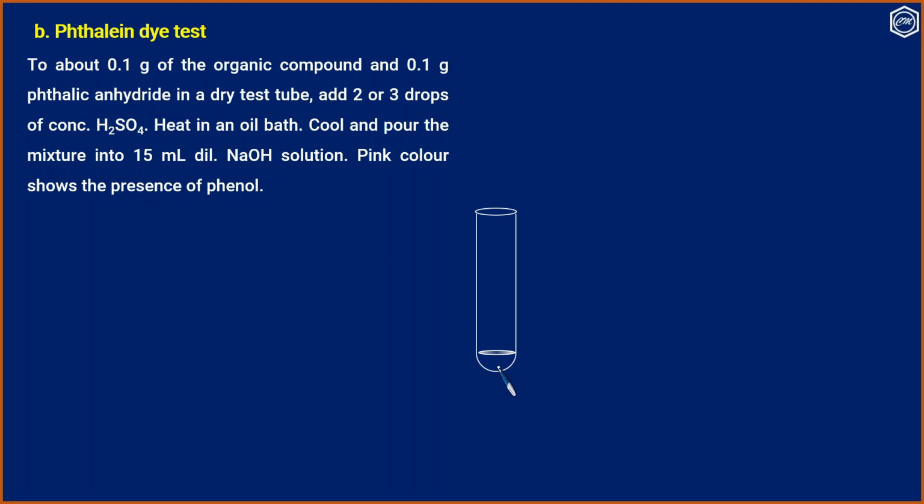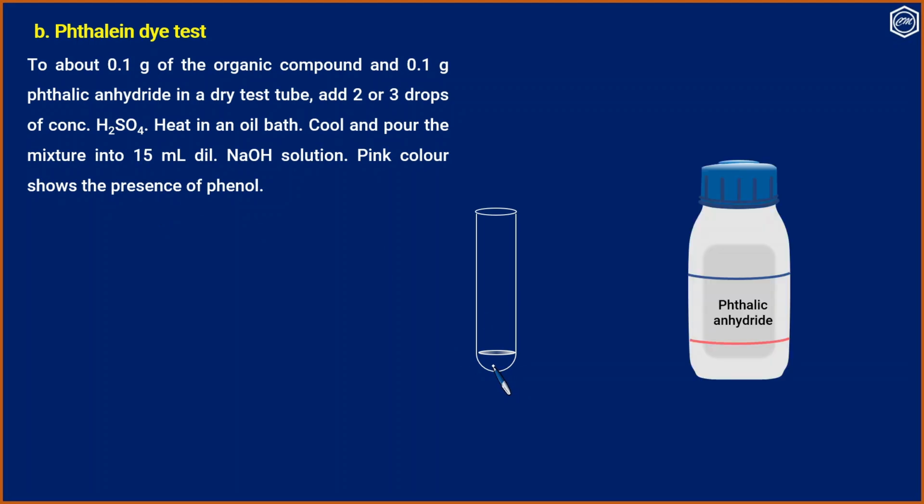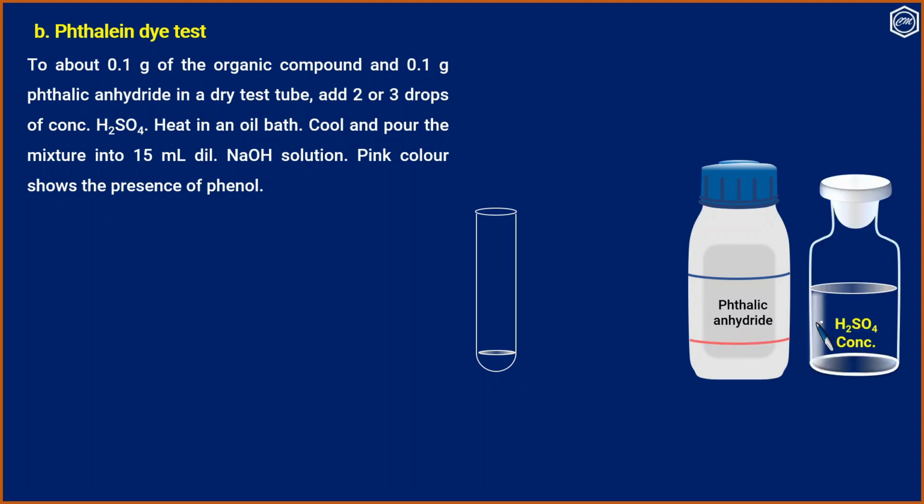So suppose we are taking phenol, about 0.1 gram of phenol, and this is phthalic anhydride and concentrated sulfuric acid. And we add a pinch of phthalic anhydride into the phenol taken, followed by a few drops of concentrated sulfuric acid.